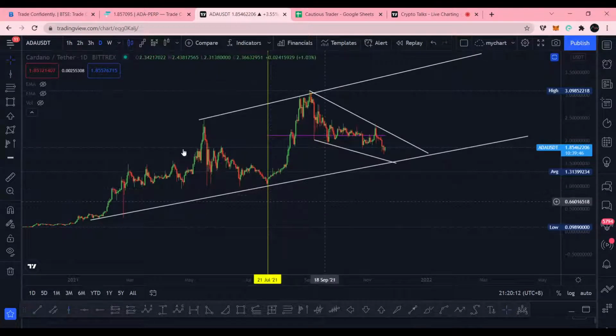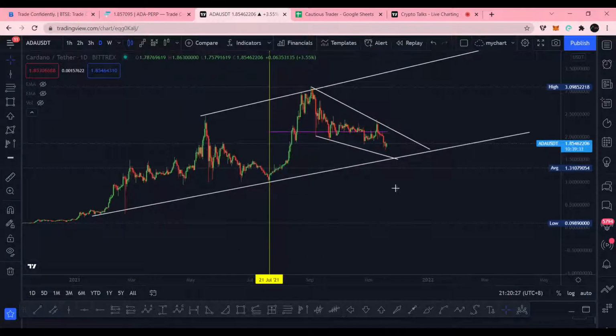For volume profile, normally I point it to the support and the current candle. So for now, basically, I might re-enter it at least after it breaks this downtrend channel and creates a new uptrend channel.